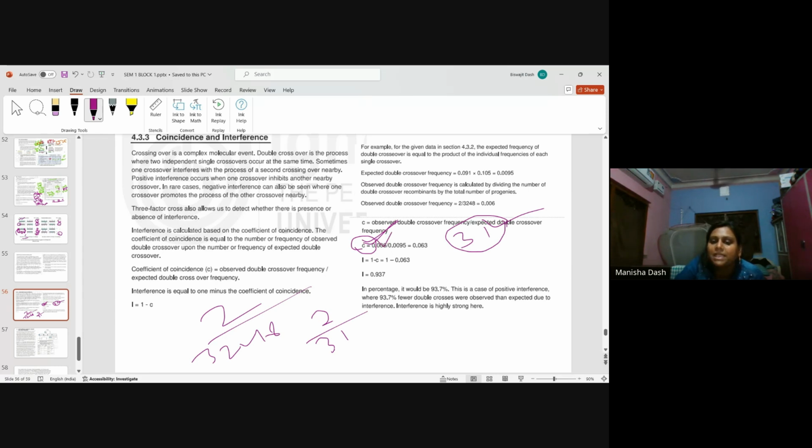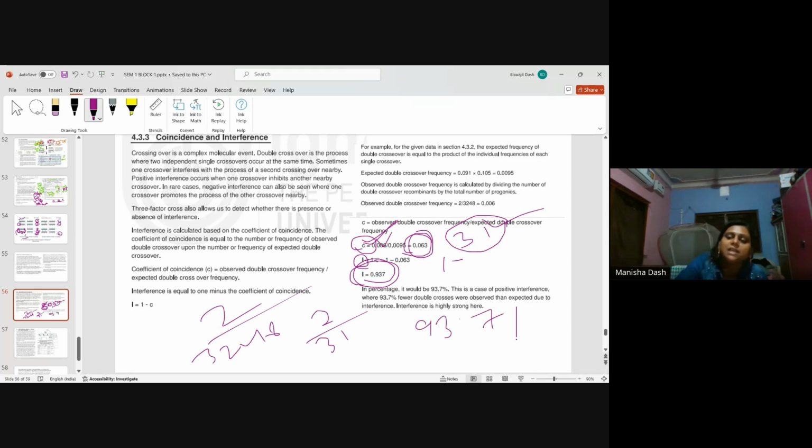So 2 by 31 will also give you the same value, that is 0.063. And what is interference? Interference is 1 minus the coefficient of coincidence. So here the coefficient of coincidence is 0.063 and the interference is 1 minus 0.063, that is 0.937, or we can say 93.7%.